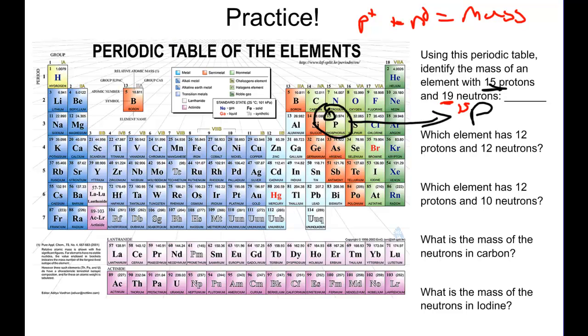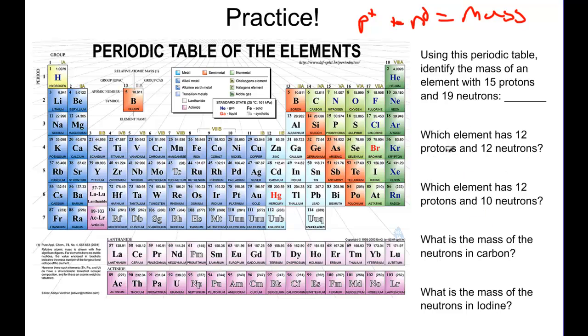And then I'm going to figure out the mass. So 15 plus 19 is going to be 34. So phosphorus will have a mass of 34 in this case. Now this is a little bit different than what's on the periodic table, but that's okay. Remember we're using the number of neutrons to find the mass, not always what's listed on the periodic table.